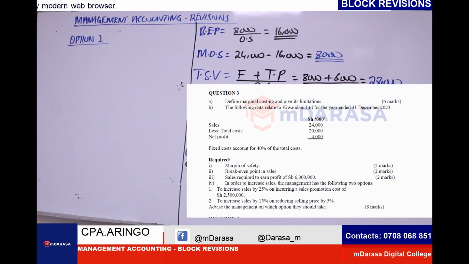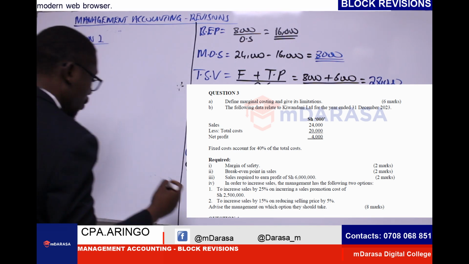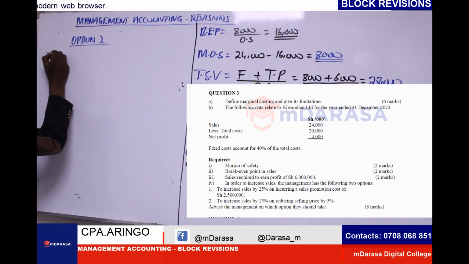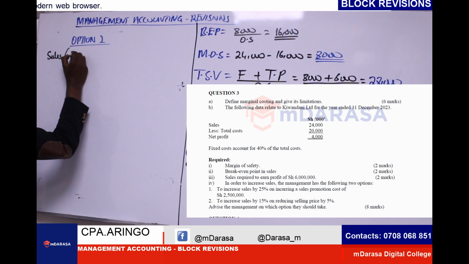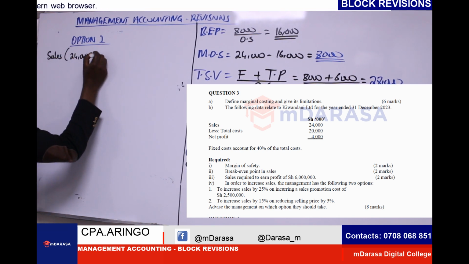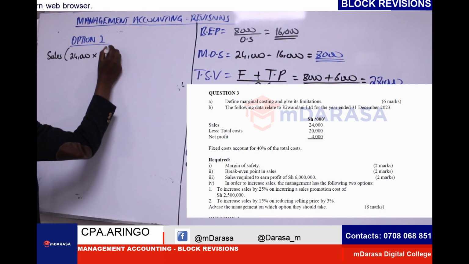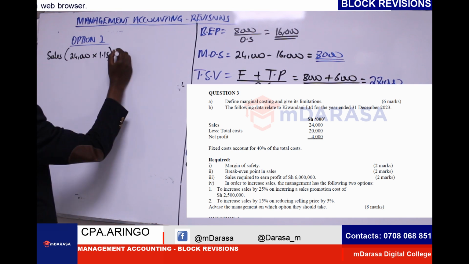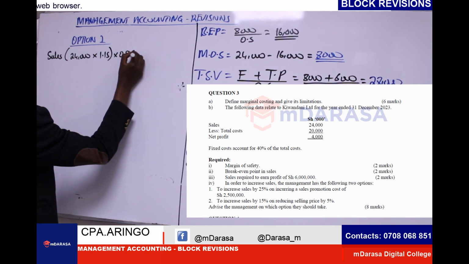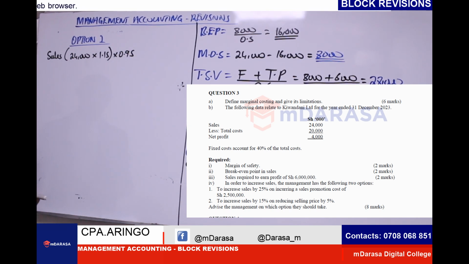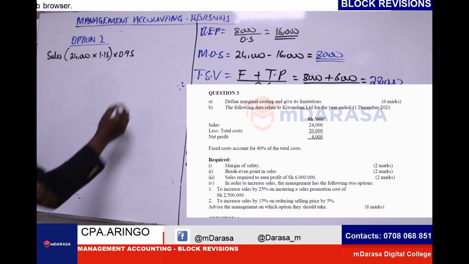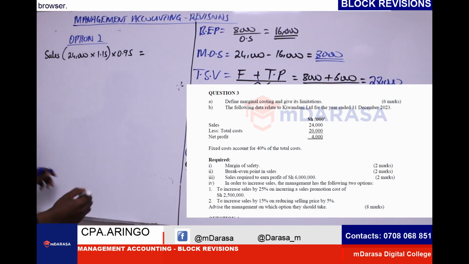But you're not given the selling price per unit. So how do you go about your sales? So our sales would be, we are going to increase our sales by 15%. And at the same time, we are going to reduce our selling price by 5%. So I'll be having 95%. So therefore, what will be our sales?